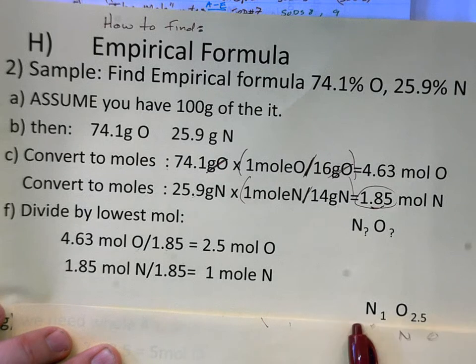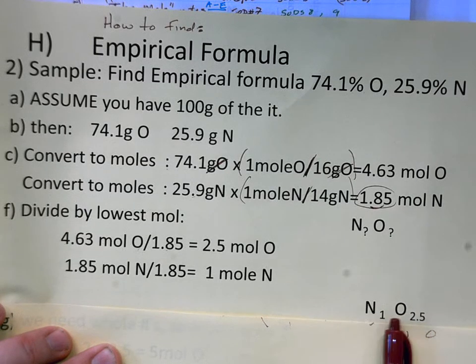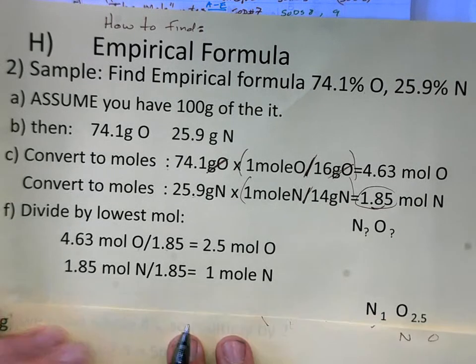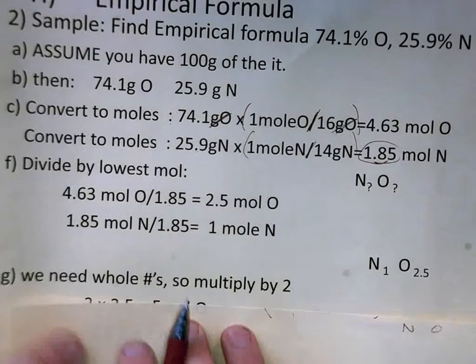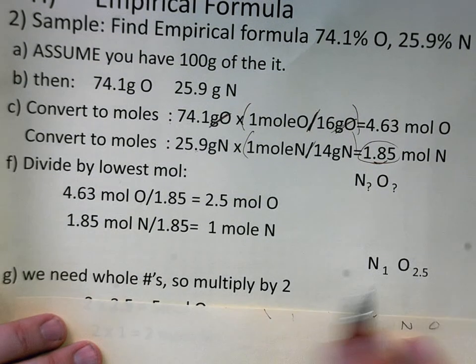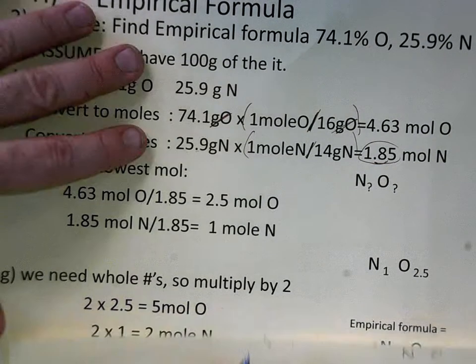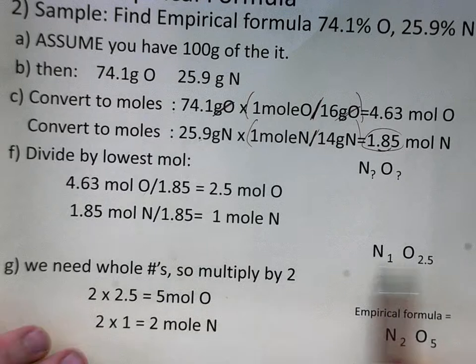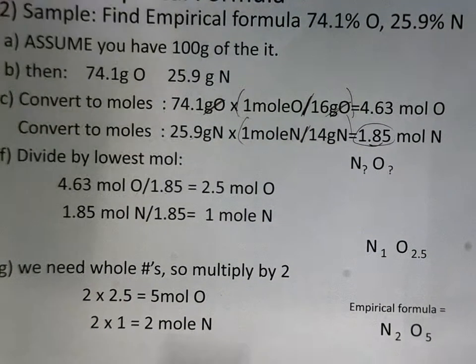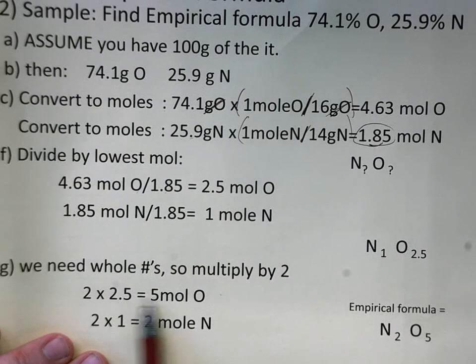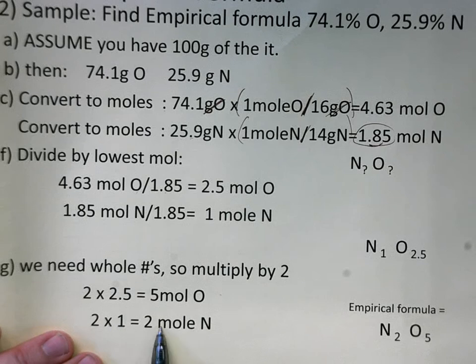Now hopefully you're hearing alarm signs going off, because from first semester, one of the laws of John Dalton was that all compounds, molecules, are in whole number ratios. So we've got to convert this to whole numbers, and the easiest way is to multiply both by 2. So 2 times 2.5 moles, we get 5 moles of oxygen and 2 moles of nitrogen.